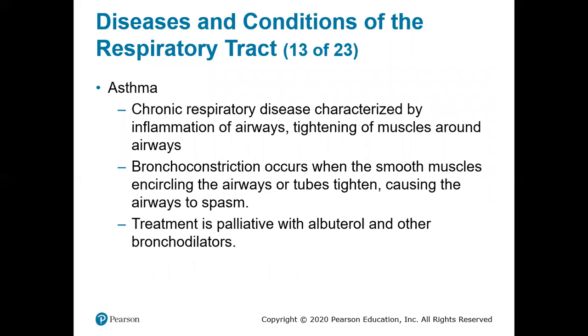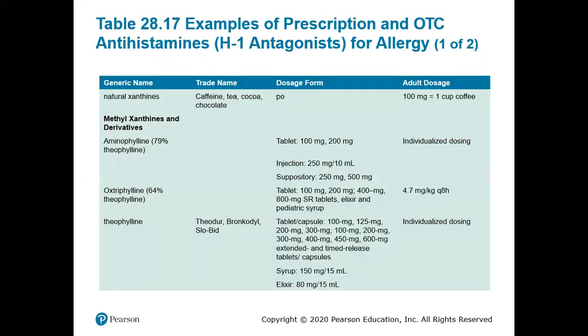Next, we'll look at asthma, also on page 450. This is a chronic respiratory disease characterized by inflammation of airways, tightening of muscles around airways. Bronchoconstriction occurs when the smooth muscle encircling the airways or tubes tighten, causing the airways to spasm. Treatment is palliative with albuterol and other bronchodilators.